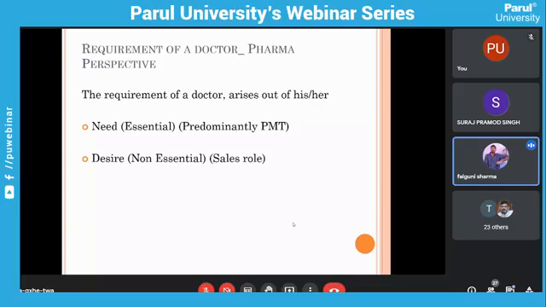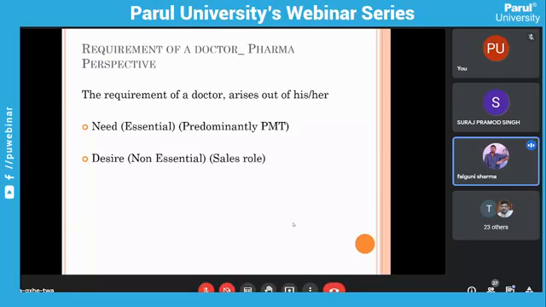So the customer we are focusing on knows about the company first. A doctor always remembers the company rather than a salesperson, what the company is, what they are giving, which promise is associated with their brand. Whether the person is there or not, they will support their brand. So that is a desire, but non-essential.